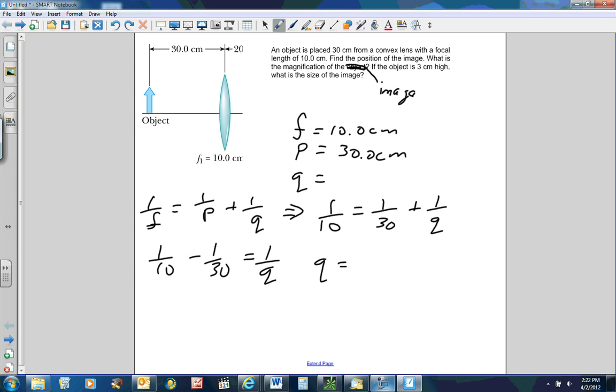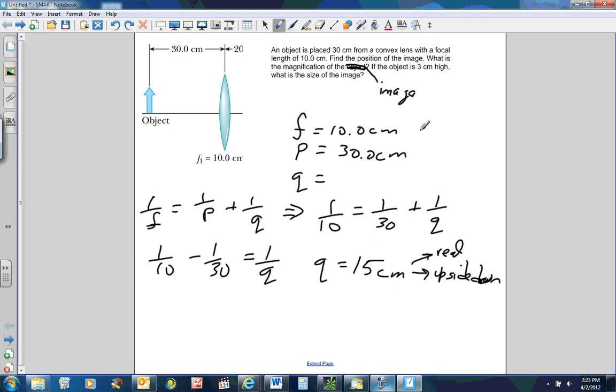Well, I just put that in my calculator. 1 divided by 10, no parentheses or anything, minus 1 divided by 30. I get 0.0666, but I hit x to the negative 1 to flip it over, and I get 15. So Q equals positive 15 centimeters. That means it is a real image, and that means that it is upside down.